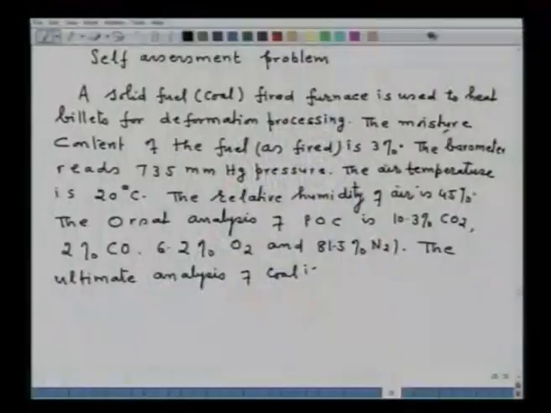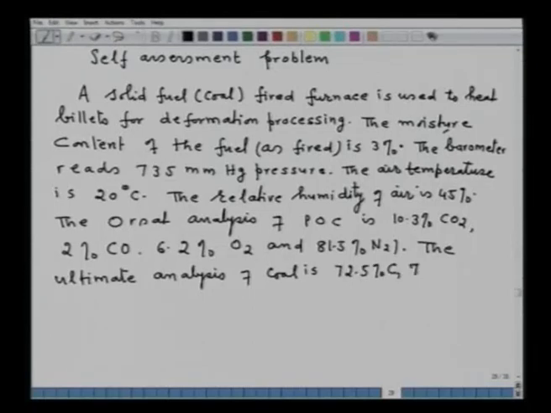So, the ultimate analysis of the coal is 72.5% carbon, 7.5% hydrogen, 6.7% oxygen, 1.3% nitrogen, 2.5% sulfur and 9.5% ash.